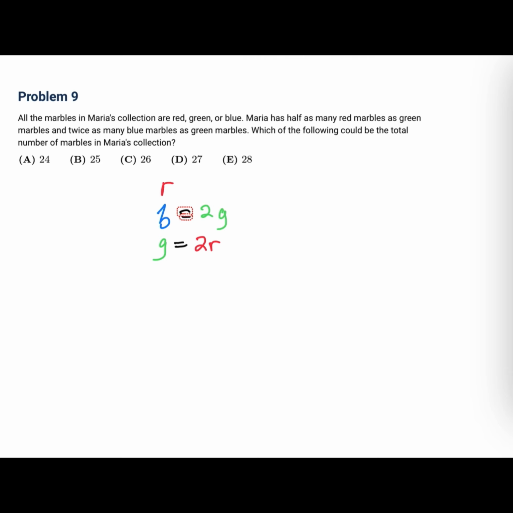Doing a bit of substitution, we see that blue is also equal to 2 times 2R. Because if we look, we can substitute G right here to get that blue is equal to 4 reds.